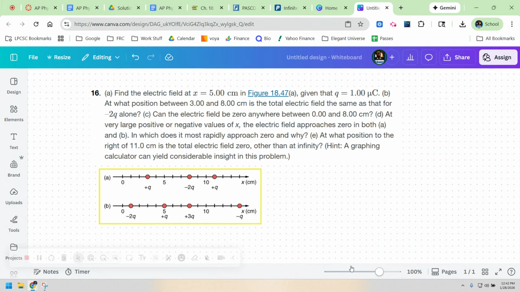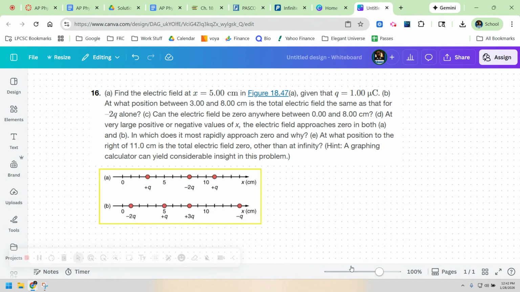Part B is find the position, and part C is can the electric field be 0 anywhere between 0 and 8 centimeters. And then part D, for very large positive or negative values for x, the electric field approaches 0 in both A and B. Which one approaches 0 most rapidly?